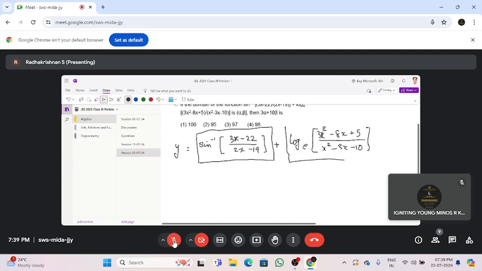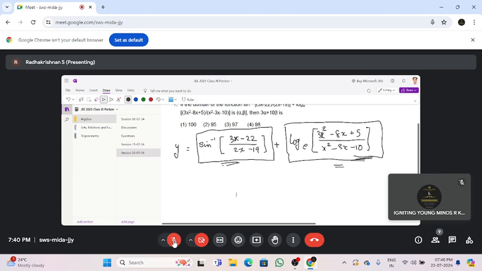Similarly, what are the possible values of x for this part of the function. Then x has to satisfy both conditions, so whatever domain you get, the possible values for x should satisfy both this condition and this condition.